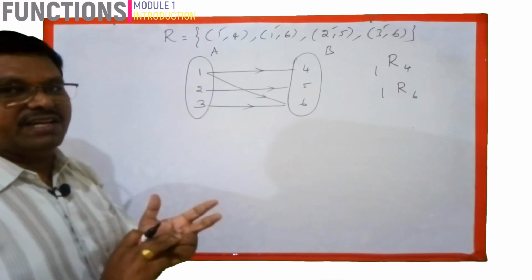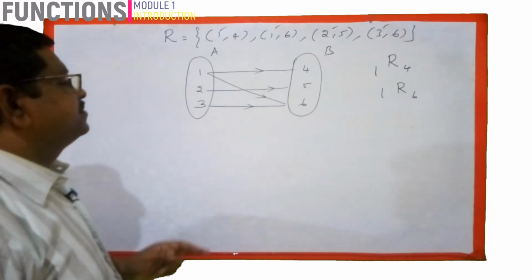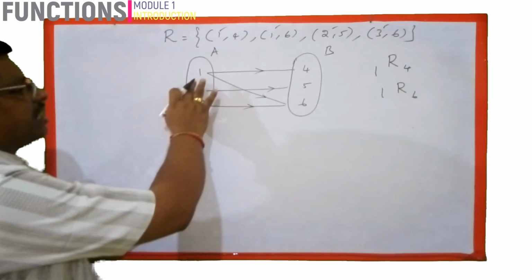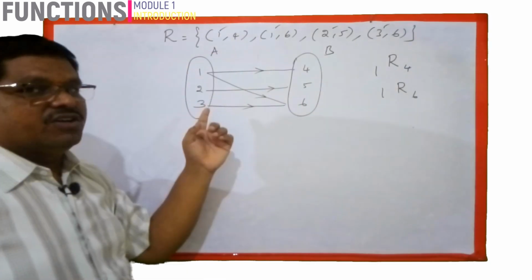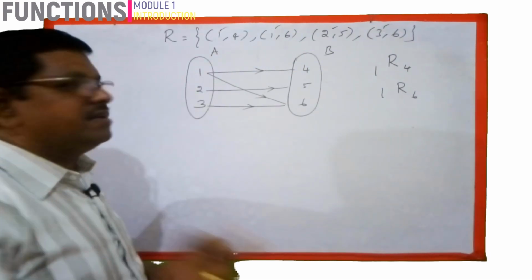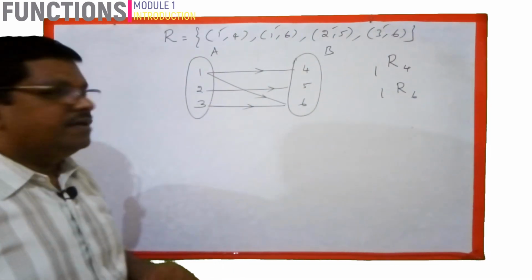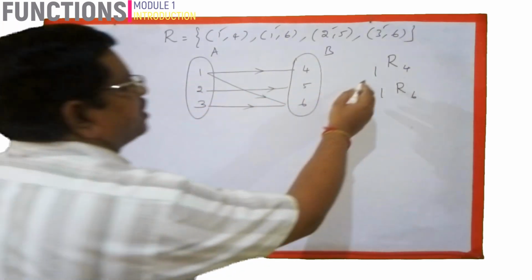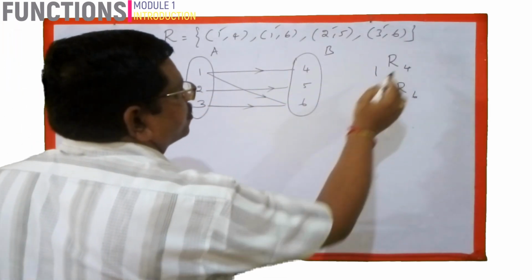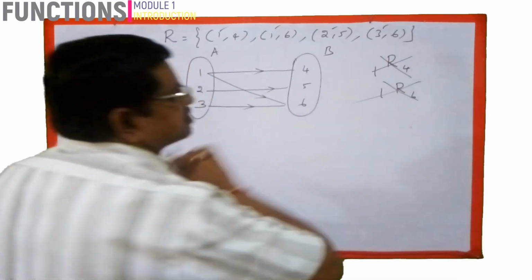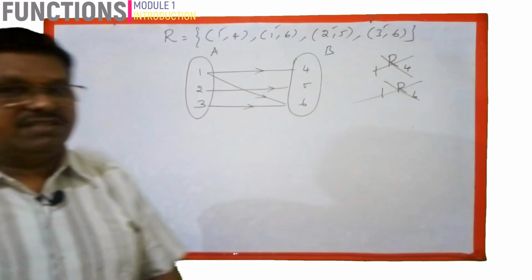So let us go to the second condition. As per the second condition, whatever element is present in set A should have only a unique element in set B. But here that condition is not satisfied, because 1 has a relationship with 4, and 1 has a relationship with 6. So 1 has 2 images, which is not accepted in functions.